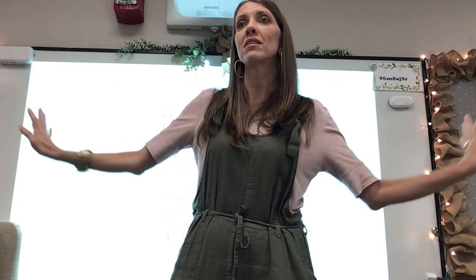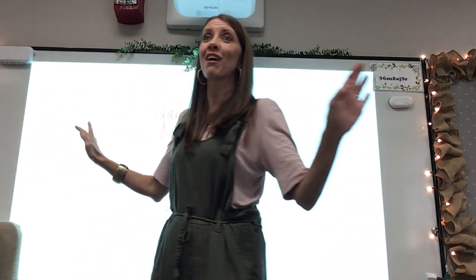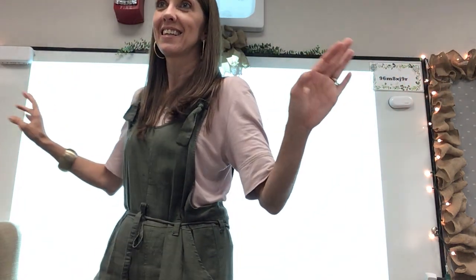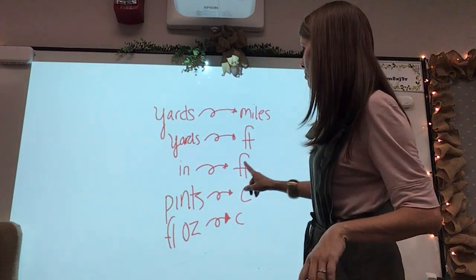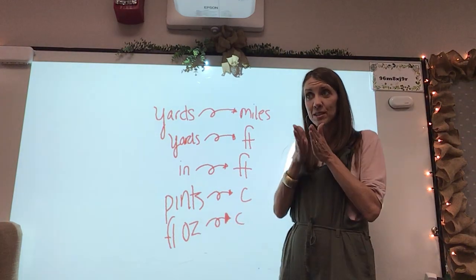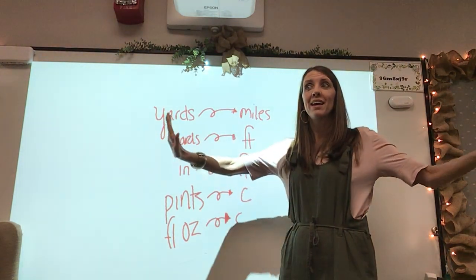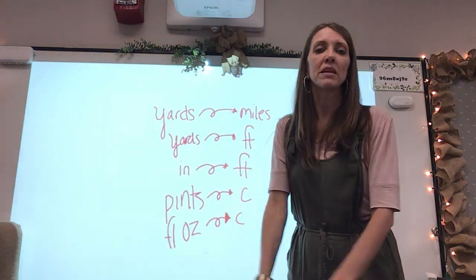Fluid ounces is small and cups is bigger, so you divide. Some of you sitting down haven't participated. If you picked multiply, how did you get multiply? You're going from small to big, so divide. Small to big, divide.